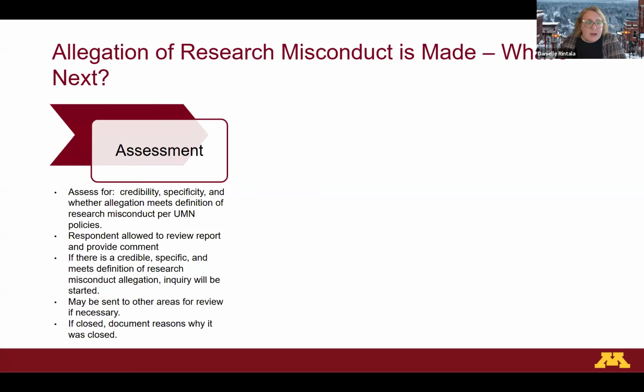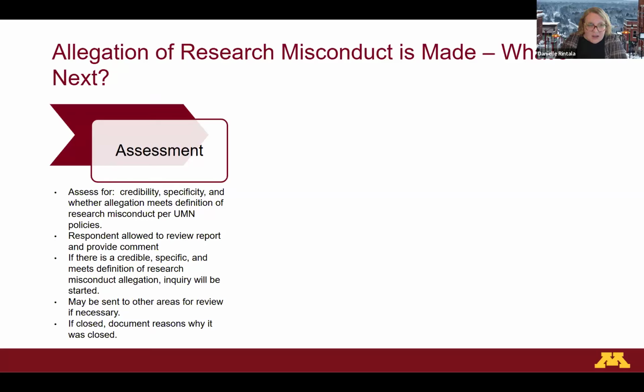And so the first thing that happens is we go through an assessment process. We assess for the credibility, specificity, and whether the allegation meets the definition of research misconduct. We also give the respondent an opportunity to review the report and provide comments. If it's credible, specific, and it meets the definition of research misconduct, then it has to move into what we call an inquiry.